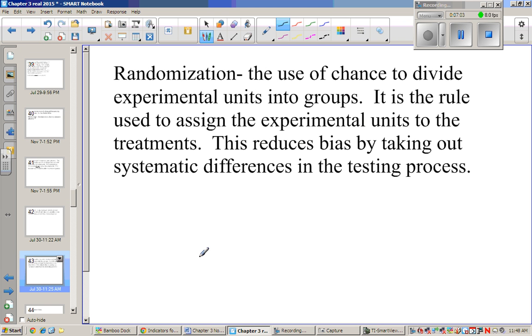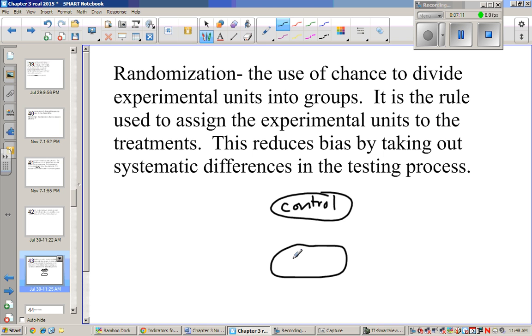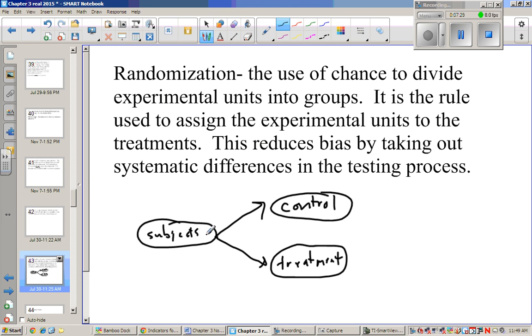Randomization. When you have your 2 groups, your control group and your treatment group, people need to be randomized into those groups. Now, this is different from our SRS because the subjects don't have to come from a random group. But random allocation means we take all of these people and we kind of do an SRS with just the subjects.